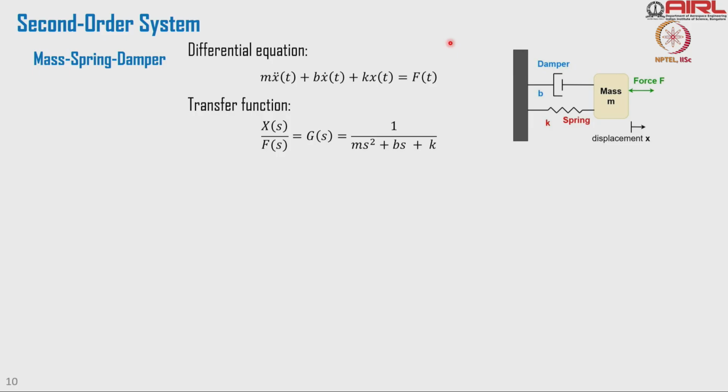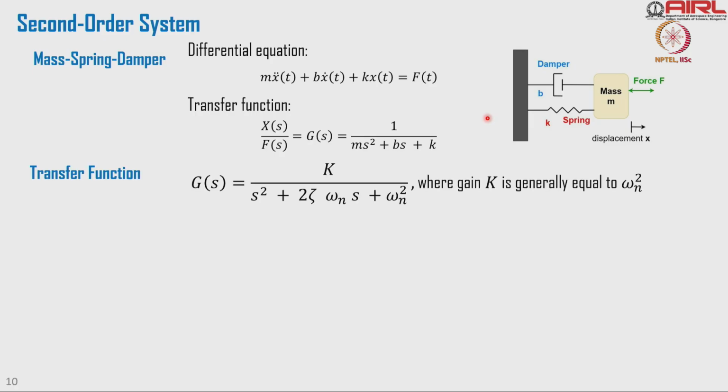We can apply a Laplace transform, assuming the initial conditions to be 0 and the mass at rest. I can derive the transfer function, where displacement x is the output and f is the input. x of s by f of s is the transfer function g of s, which is 1 by (m s square plus b s plus k).